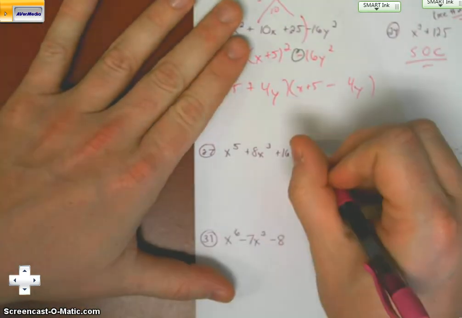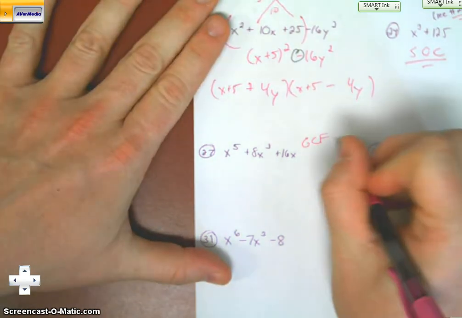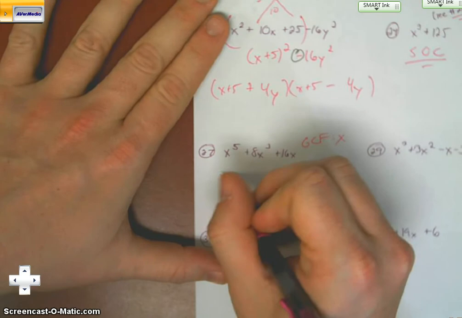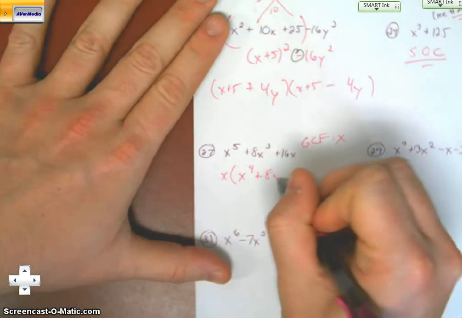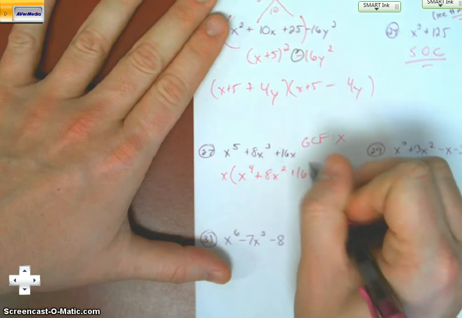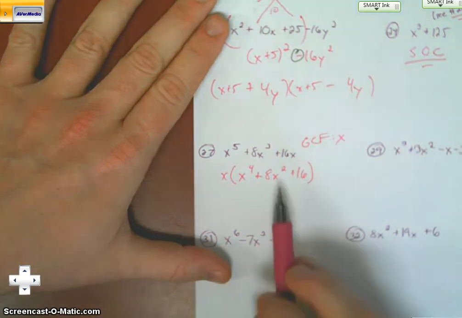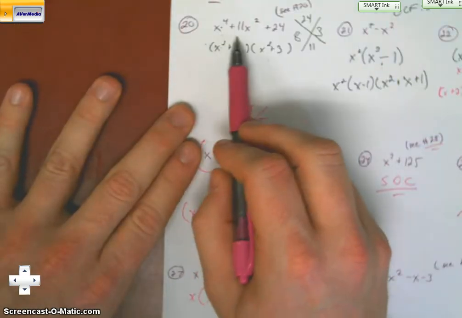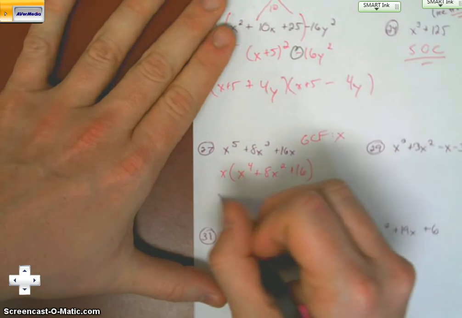27. Once again, our first question we need to ask ourselves is, is there a GCF? In this case, there's a GCF of x. So let's go ahead and factor that out. Then 27 looks exactly like number 20 now inside the parentheses.